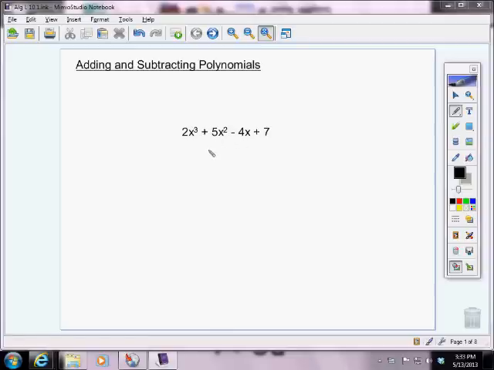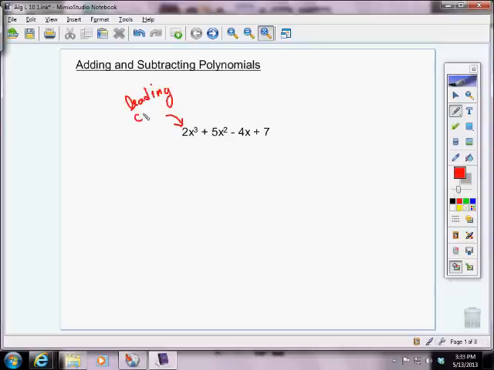This is written in standard form, and I'll talk about that in a second. This 2 right here is called the leading coefficient. We've talked about what coefficients are in the past.